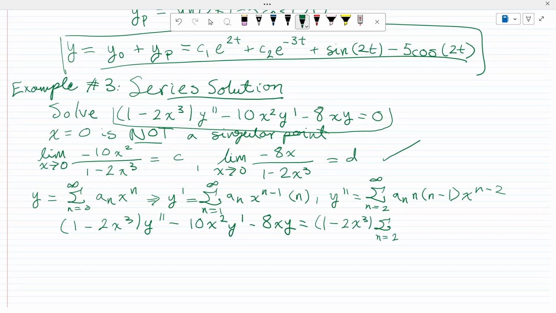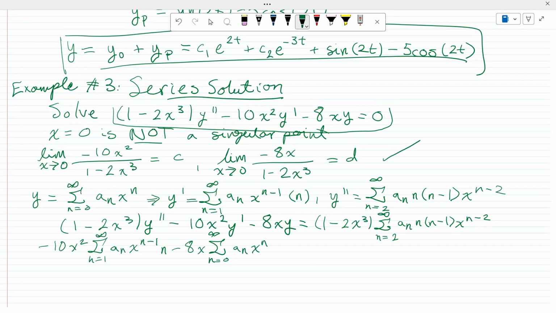Series n equals 2 to infinity a n n times n minus 1 x to the n minus 2 minus 10x squared series n equals 1 to infinity a n x to the n minus 1 times n minus 8x series n equals 0 to infinity a n x to the n. All right.